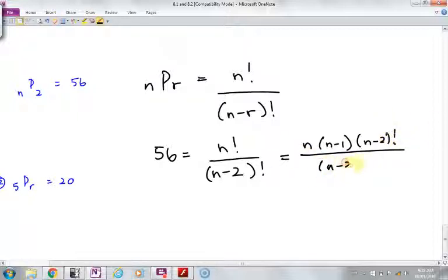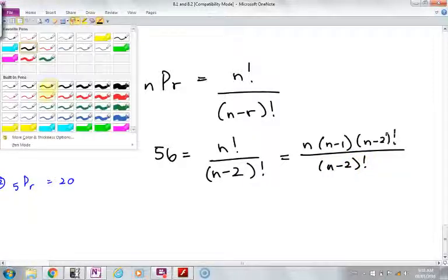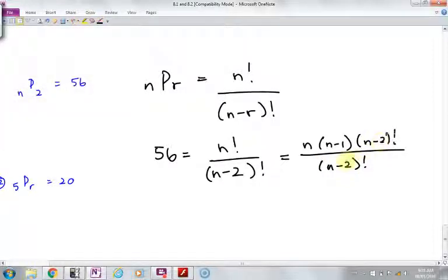Because those match. Okay? So that one would keep going till it hit 1, that one would keep going until it hits 1, but I don't need to extend those because all I'm trying to do is get them to match so that they cancel, so I have n times n minus 1 equals 56.